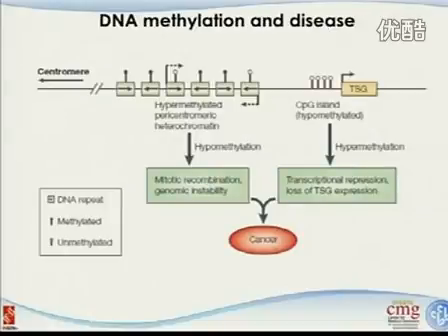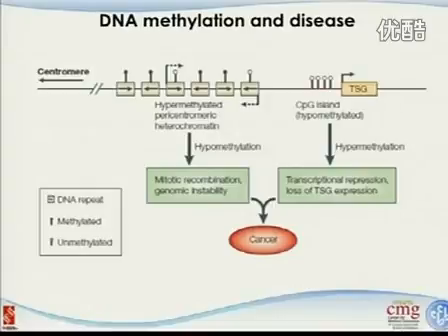And in terms of DNA methylation and the disease, this figure actually shows you two different models. The first one is you can see that this part is supposed to be hypermethylated. Hypermethylation meaning the methylation signal is very dense in that region, so this gene shouldn't really transcribe a lot.